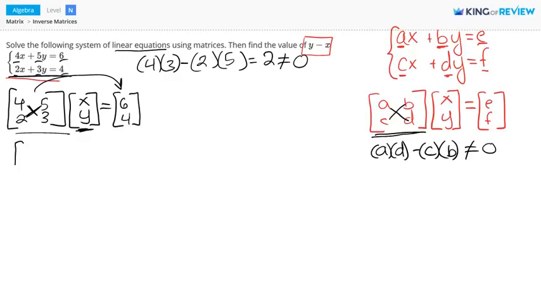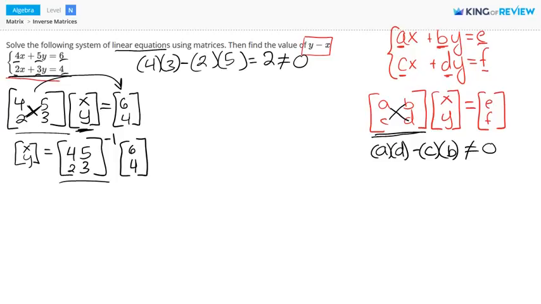So we know that matrix xy is equal to the inverse, which we represent with the -1, of this matrix times the constant matrix, 6, 4.